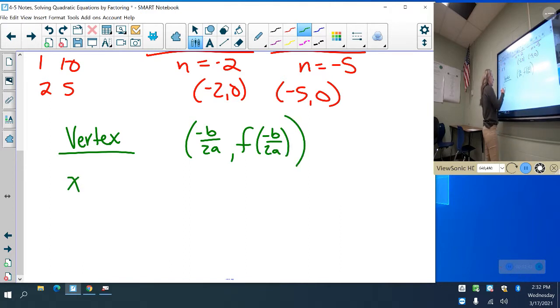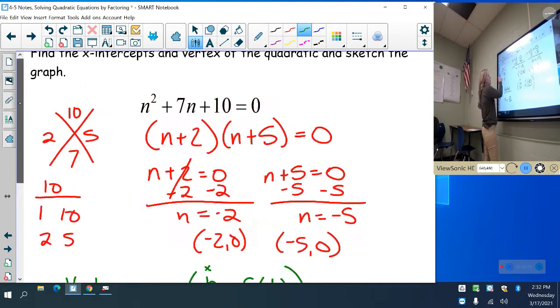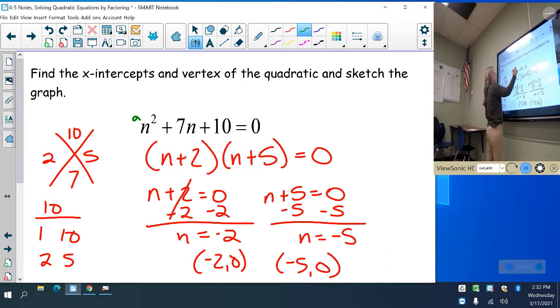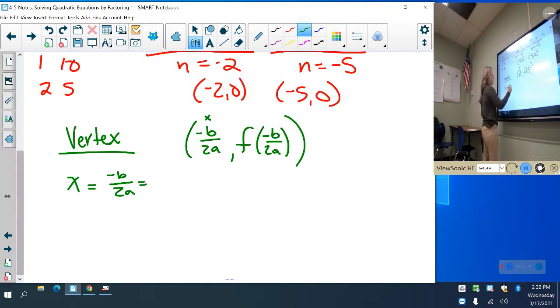So the x value equals negative b over 2a. Well, how do I know what a, b, and c are? I'm going to go up here. A is 1, b is 7, c is 10. So negative b is negative 7 over 1 times 2, negative b over 2a, which gives me negative 7 over 2.